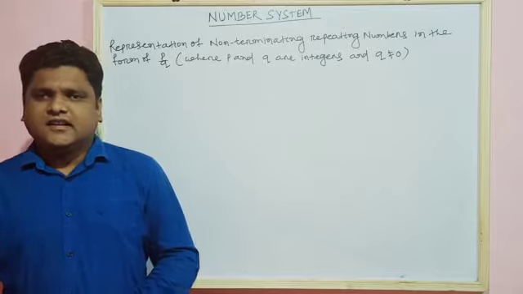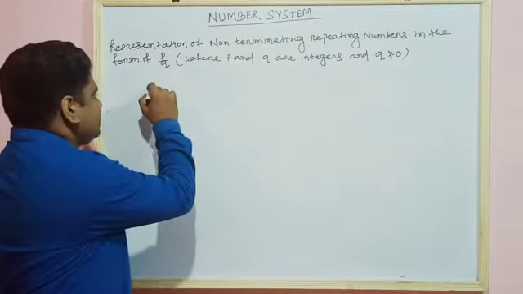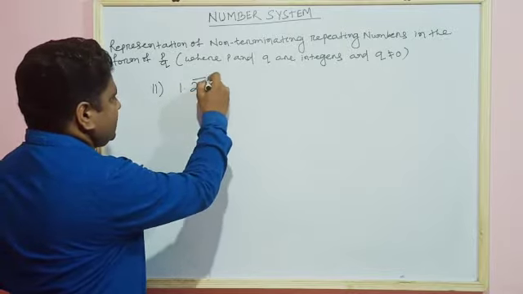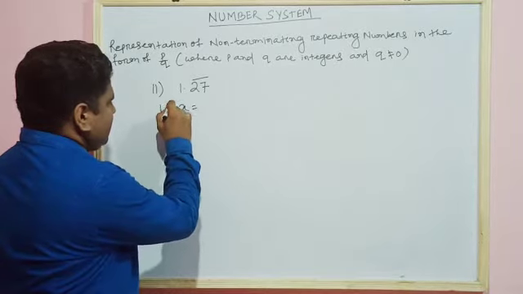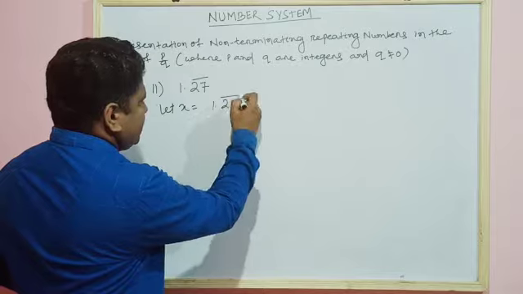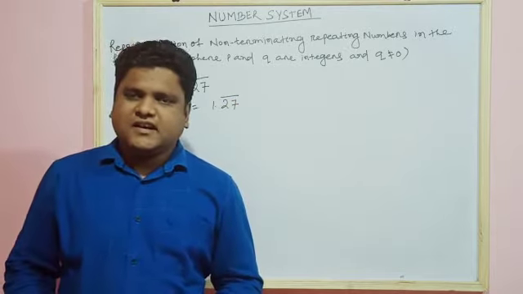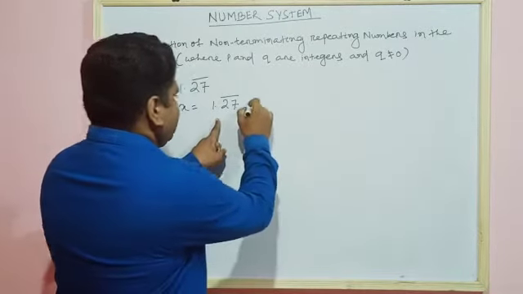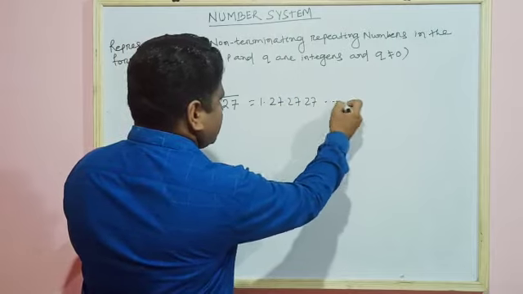Let's take another example, that is 1.27 bar. Second example of today, 1.27 bar. Let x equal to 1.27 bar. See here, two digits are repeated after the decimal, so we can write 1.27, 27, 27 and so on.